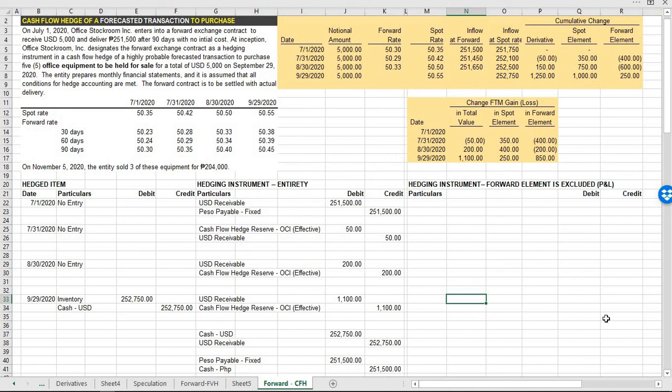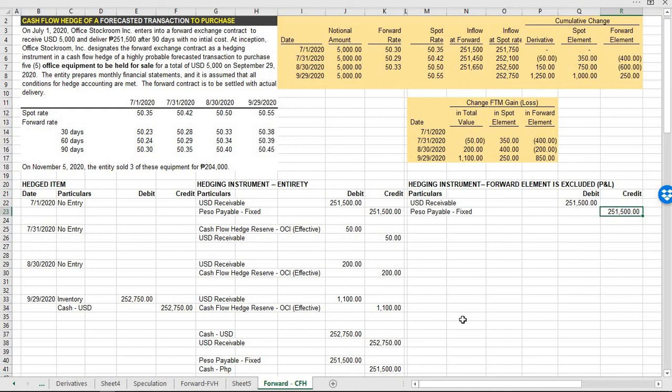Let us record both the USD receivable and peso payable. So, that is debit, USD receivable for 251,500 and credit peso payable also at 251,500. So, kung titingnan nyo, parehas na parehas yan dito. Siyempre, nagkakaiba lang naman kasi talaga sila sa recognition nung ating gain or loss.